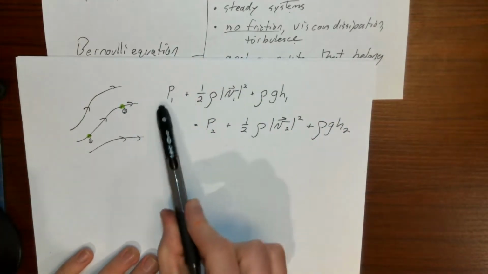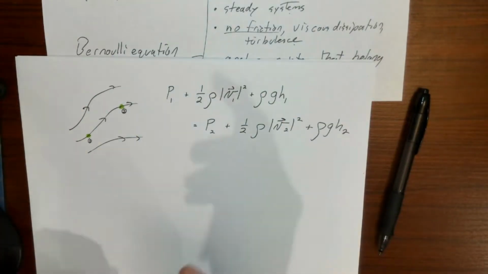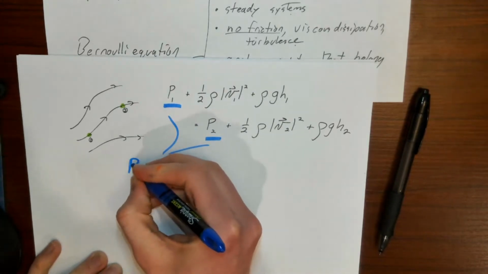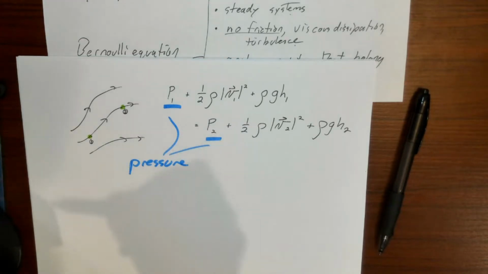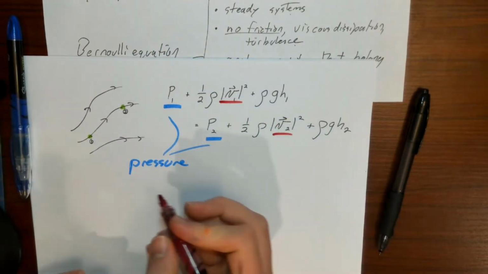And so what are some various quantities here? These are the pressures, the pressure at point 1 and point 2. These right here are the fluid velocities.